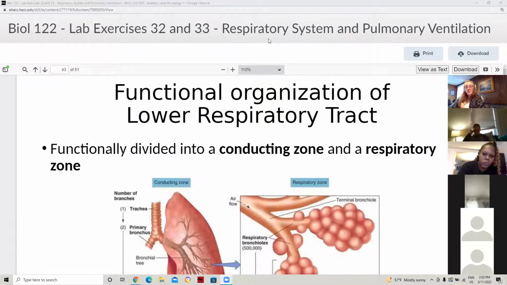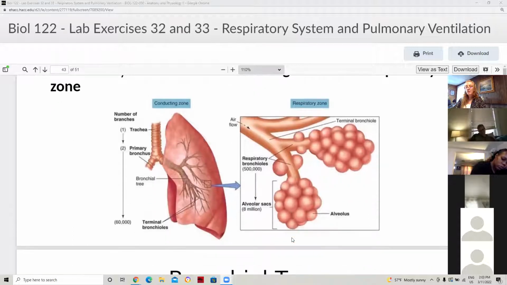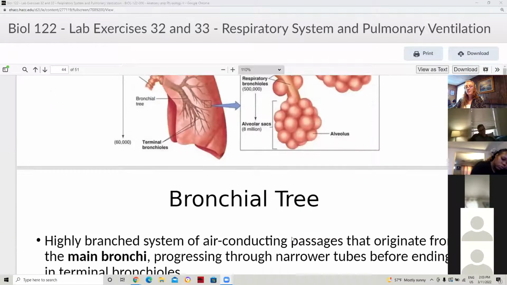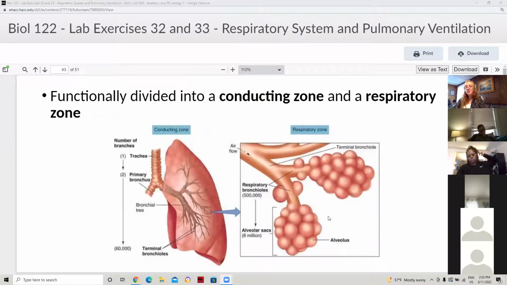Most of your lower respiratory tract is your conducting zone. Your respiratory zone includes the respiratory bronchioles, the alveolar ducts, and the alveoli. The only place where gas exchange occurs in the lungs is in the respiratory zone.